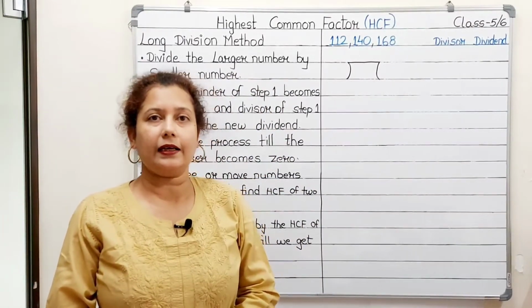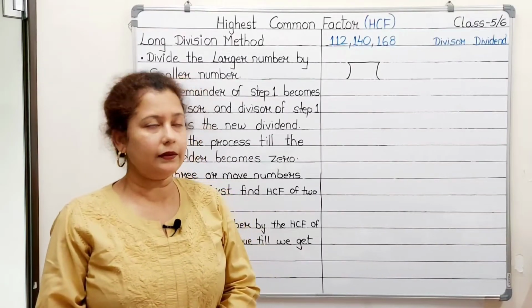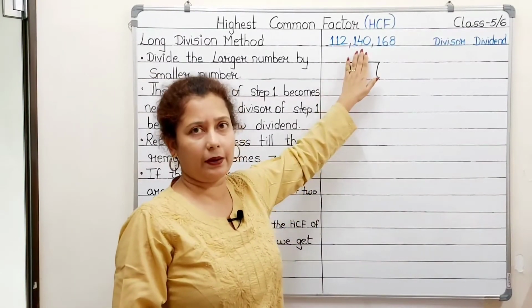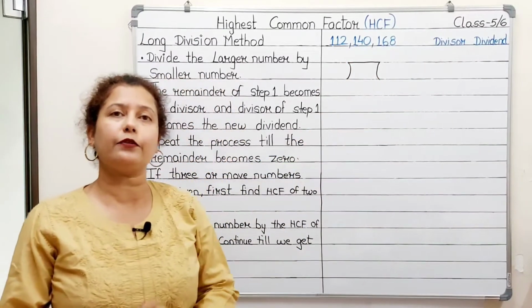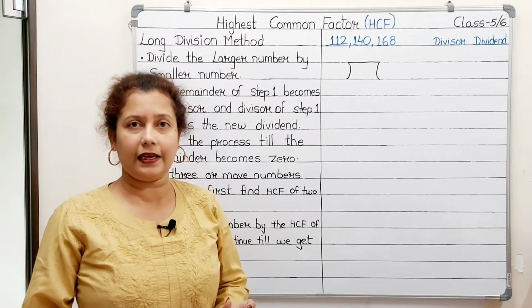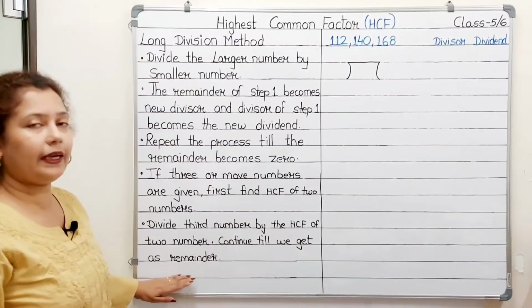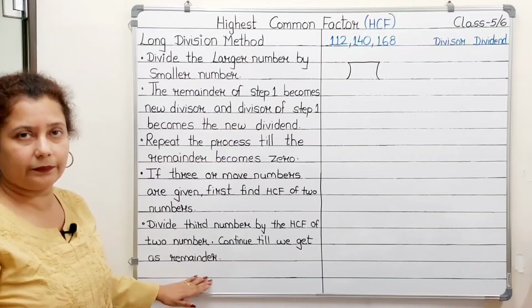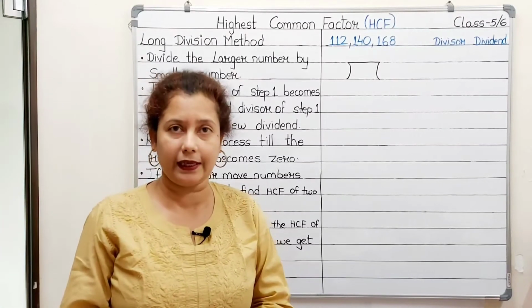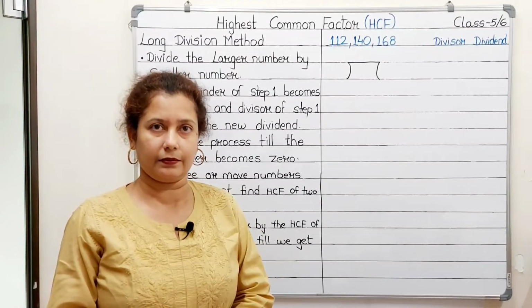If three numbers are given to us and we have to find HCF by long division method, we will consider any two numbers and find the HCF of those two numbers. And with that HCF, we will divide the third number till we get 0 as the remainder. And the last divisor which we will get will be the HCF of all three numbers.